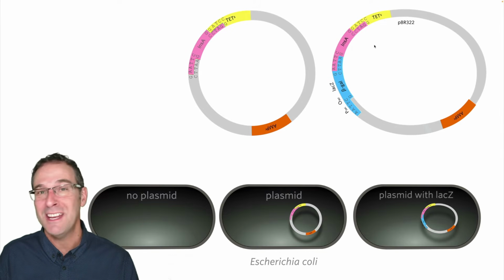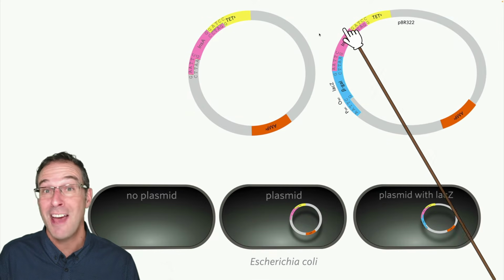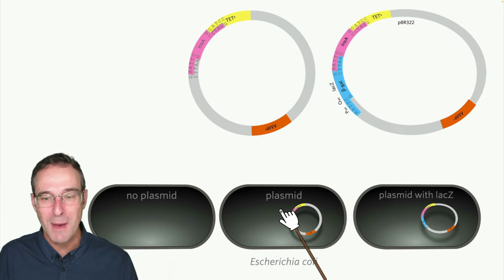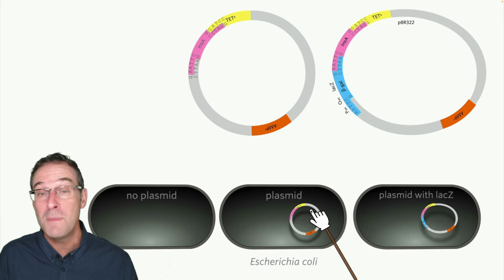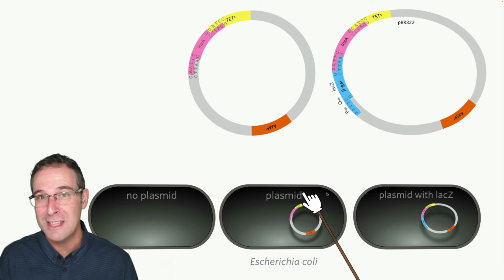So again, we need to figure out how we can find that bacteria. Of course, we can't use tetracycline this time because both of these plasmids have broken or interrupted tetracycline genes. So this bacteria and this bacteria, both of them will be susceptible to tetracycline. So we can't use tetracycline anymore to differentiate between these two.